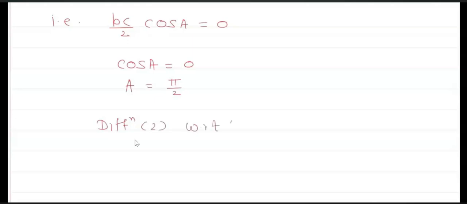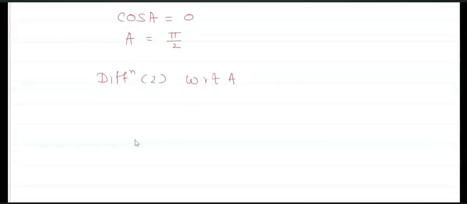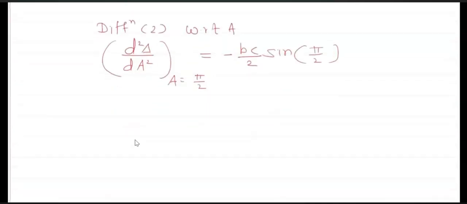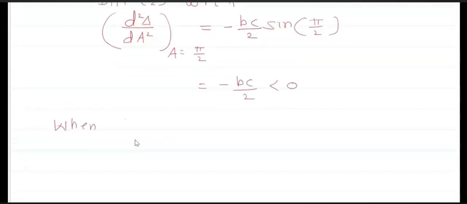Now differentiate with respect to A again, then d2 delta upon dA2 at A is equals to pi by 2 is minus BC upon 2 sin of pi by 2, and that is equals to minus BC upon 2, which is negative.